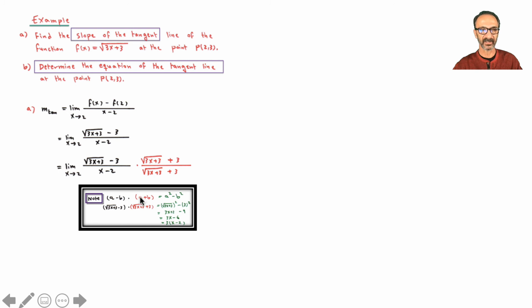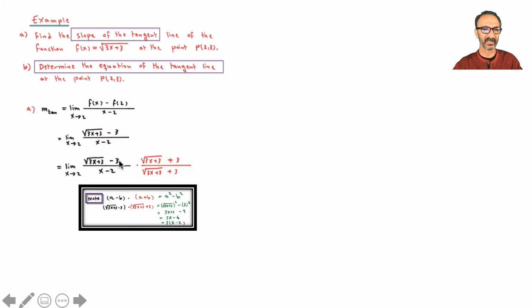Now I have this, and I'm using the same colors, if you notice. This is my a minus b, and I brought in a plus b. So if I multiply the numerators of these two fractions, I get a squared minus b squared. But what's a squared? 3x plus 3. That will cancel the square root. And what's b squared?